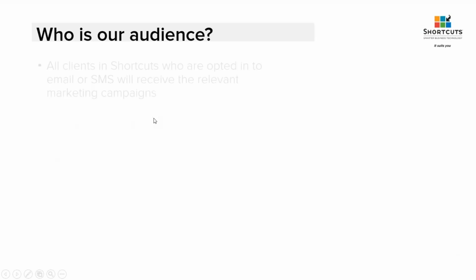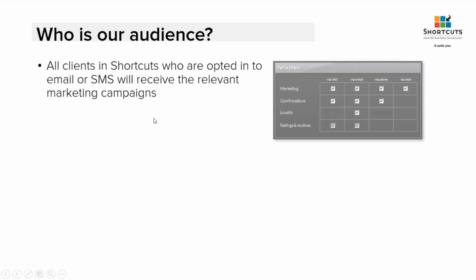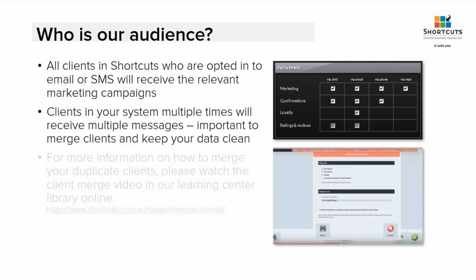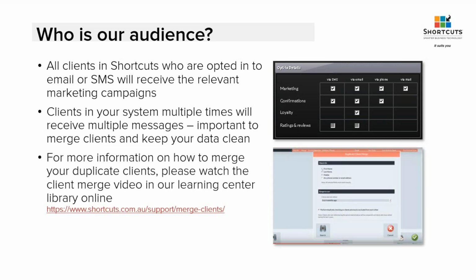So what's the story behind it? Well, similar to our current Shortcuts marketing, or if you're using MailChimp integration with Shortcuts, regardless of which email program that you're using, you still have to make sure that your Shortcuts point of sale system is configured so that customers are opted in to receive campaigns.